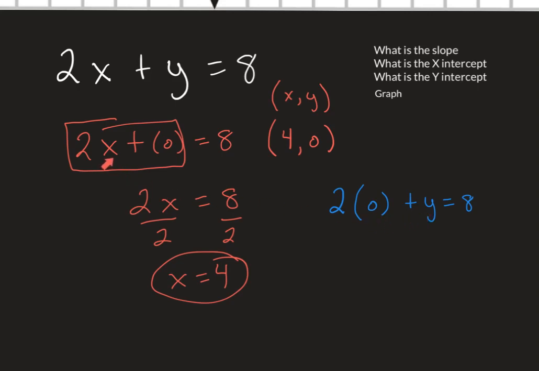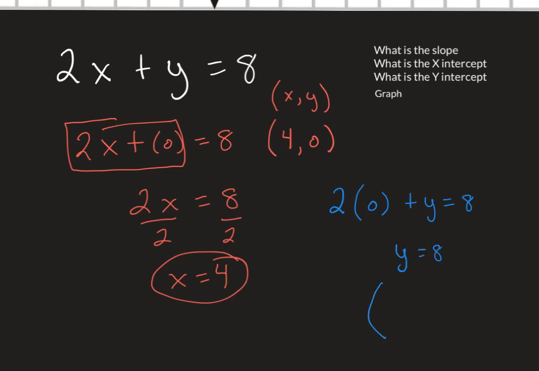When I wanted the x-intercept, I plugged a 0 in for y. So when you're finding the x and y-intercept, just plug 0 in for the other variable, the one you don't want. All right, so right here, 2 times 0 is 0. And 0 plus y equals 8. So I have y equals 8.